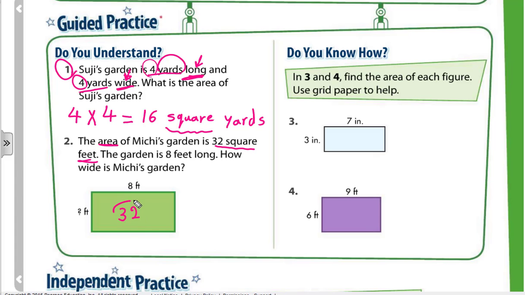The area is 32, and the 8 feet is the length. How wide is Mike's garden? Wide means the width. So we need the width.